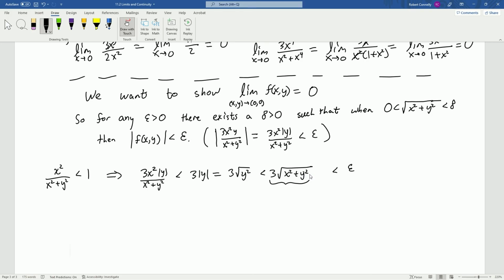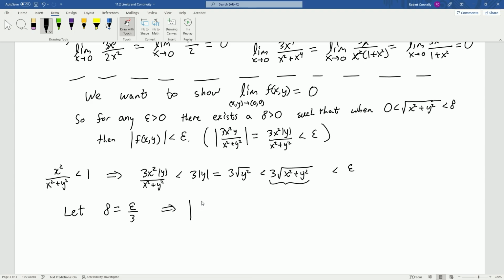So if we made delta equal to epsilon over 3, so you're given an epsilon. What delta do we need for x and y to be close enough for our output to be close to 0, as close as we want it, epsilon close? So we're going to let delta be equal to epsilon over 3. Then what does that tell us? Well, what did we just see?